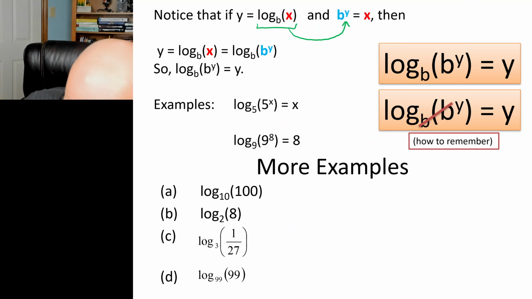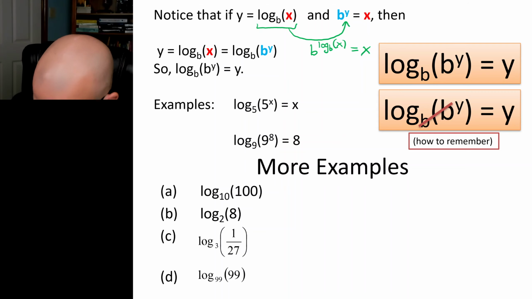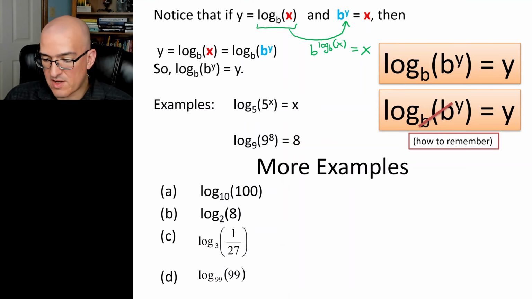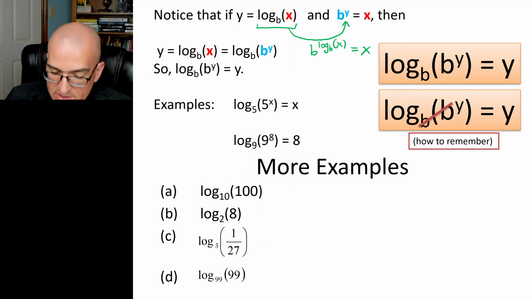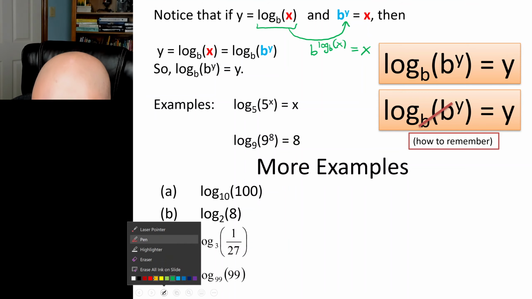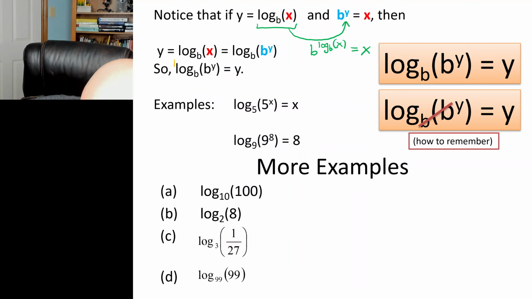We have another cancellation law, which is b to the power of log base b of x equals x. So that's another so-called cancellation law. I'm going to label these because I didn't label them properly on the note. So this is a cancellation law, and the one in green is also a cancellation law.